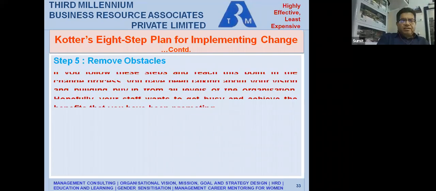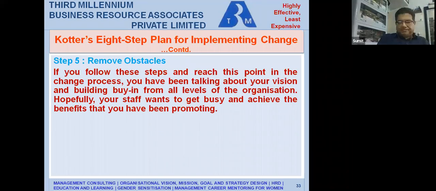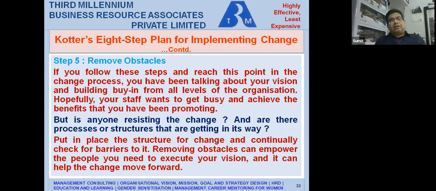Then removing obstacles. Very, very important. Nothing will go as smoothly as you would like it to move, right? So there would be obstacles.